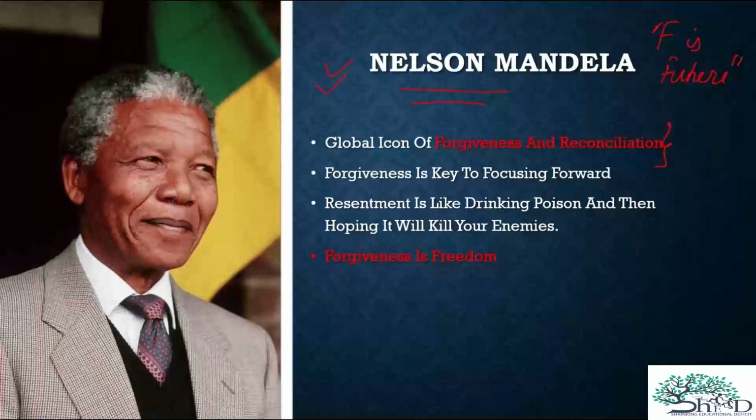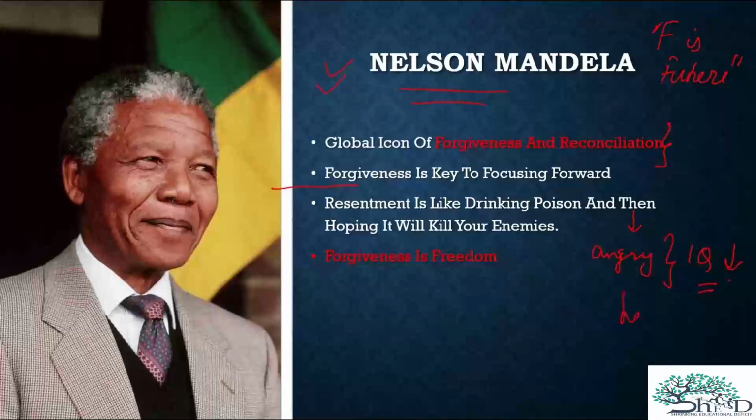Then he said that resentment is like drinking poison and then hoping it will kill your enemies. Why does this happen? Because when you're angry, you create stress hormones in your body, and the Discovery Channel showed that during anger, your IQ falls. So basically, what are you doing?